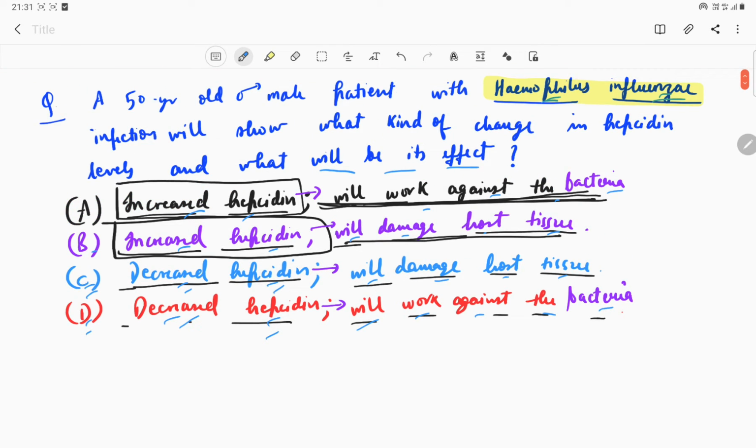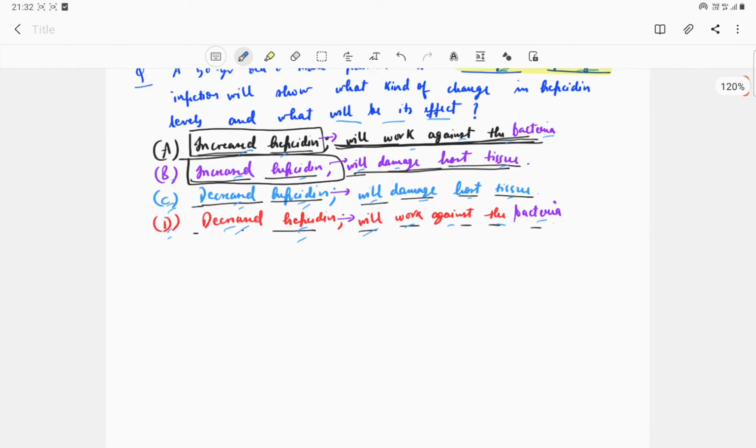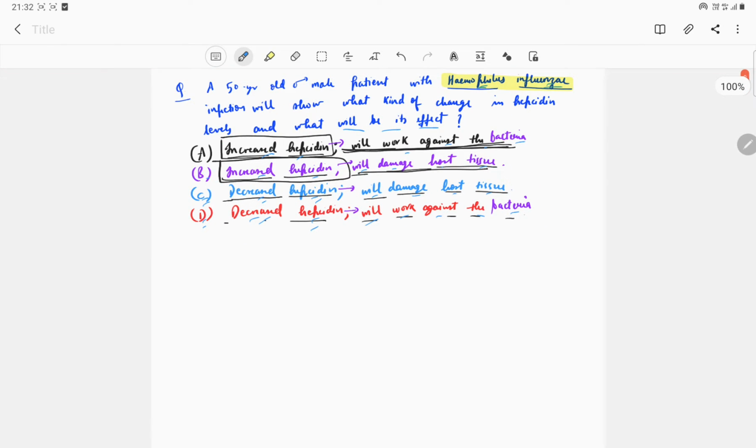So, to solve this question, we must know the normal effects of hepcidin. If this is the intestinal mucosa, the iron is absorbed in the form of Fe2+ in the intestinal mucosa, and from here a transporter, ferroportin, transports iron to the blood.